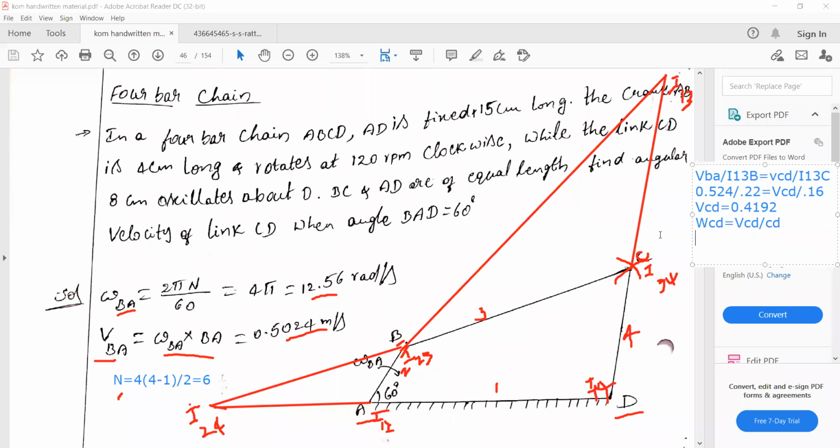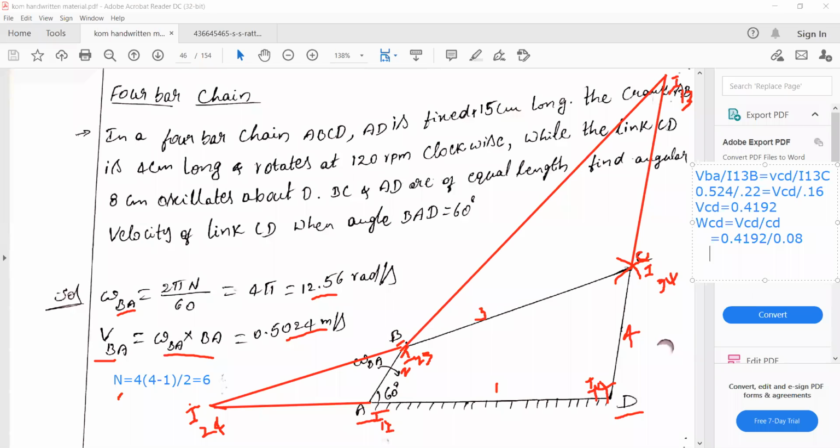That means omega CD equals VCD, 0.4192, divided by the link length of CD, 8 centimeter, that means 0.08.